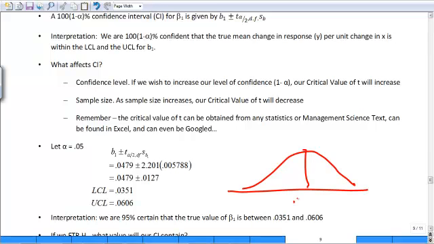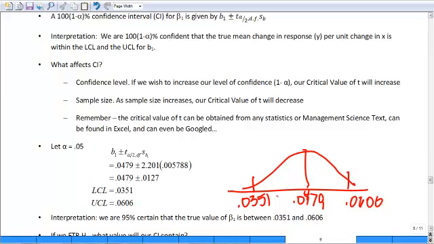Graphically, 0.0479 is in the middle, 0.0606 is the upper limit, and 0.0351 is the lower limit. Now, just an interesting piece of information to tie this together with our hypothesis test back in step 4.